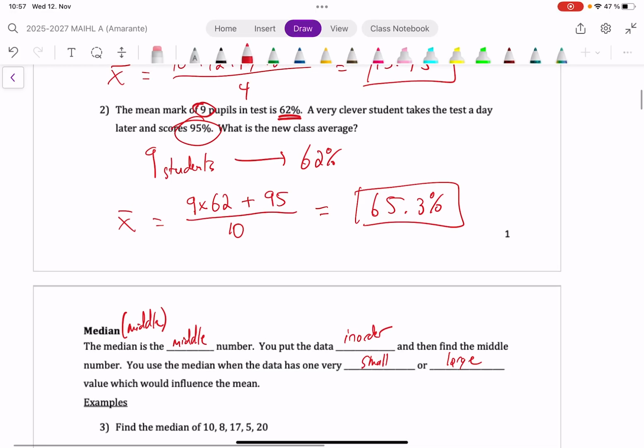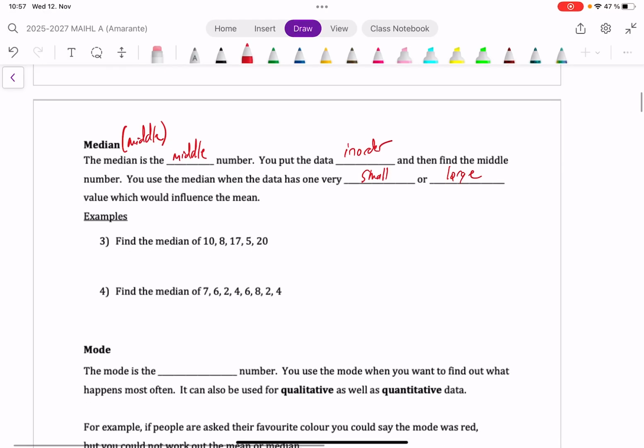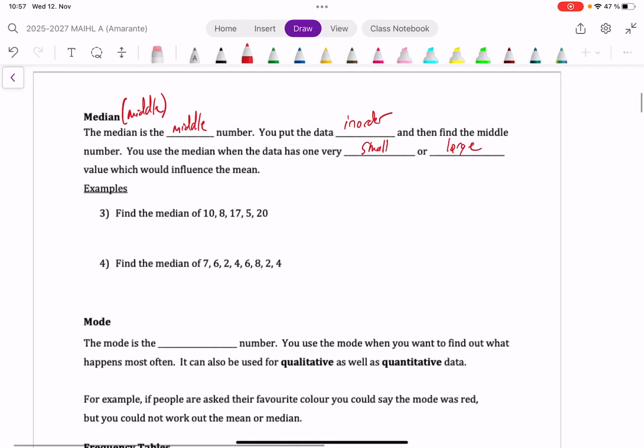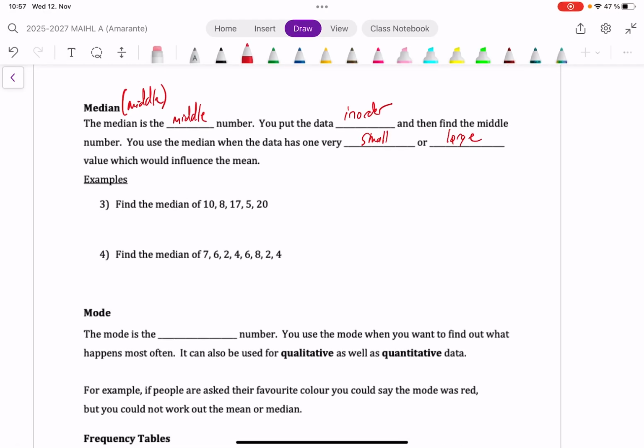Like something like this, we have one that is significantly more than the mean. So maybe instead of using the mean to measure the central tendency, we would use the median. That would be a reason to choose median over mean.